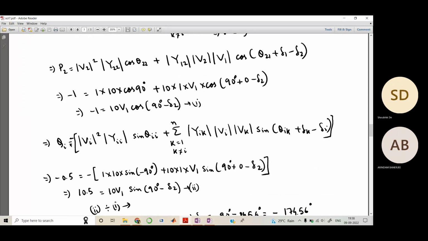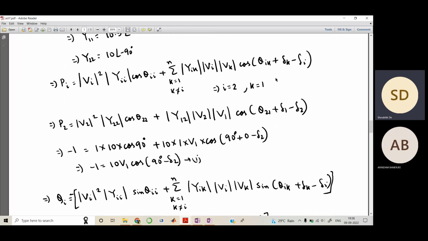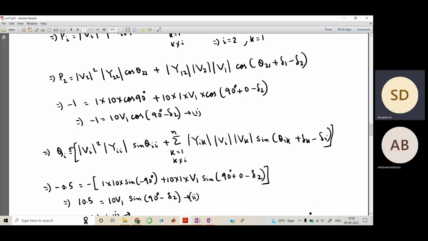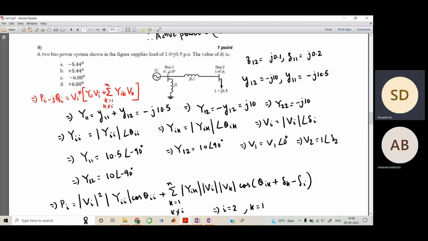And now here is your equation for Qi, again this equation only, and there is a minus on the outside here. Now this minus comes from this Pi minus jQi, right? This notation we have to follow for every kind of bus, be it a generator bus, be it a load bus.